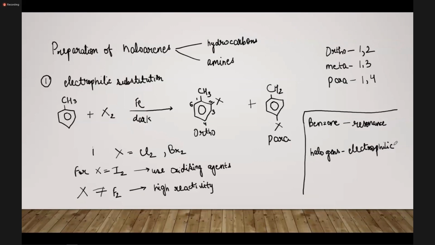So इसी वजह से these halogens, they prefer to get attached in the position number 2 and 4, that is the ortho and para. और मेटा पोजीशन पे बहुत ही कम इलेक्ट्रॉन डेंसिटी की वजह से we will not get any product. So we are not writing it here because even if some meta species is formed, it is very, very less in amount. So we don't count it over here. Okay.